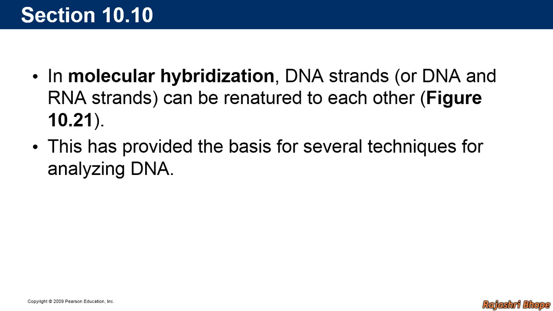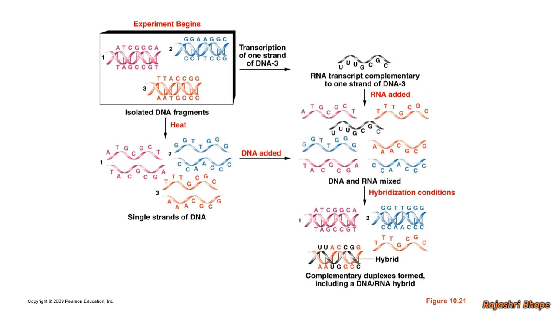Molecular hybridization: the DNA and RNA strands can be renatured to each other. This provides the basis for several techniques for analyzing DNA. See this picture, what I was telling you. Here three strands are shown, number 1, number 2 and number 3.